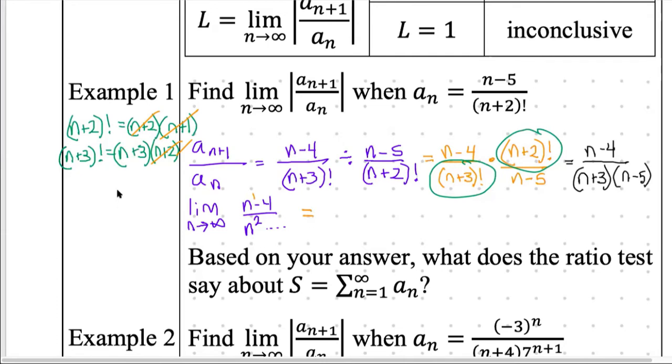And this is where you guys actually have to participate a little bit. Is there anyone that can give me a yes in the nonverbal feedback? You have to click on participants at the very bottom. Who knows what this is equal to? What is the limit as n approaches infinity of this fraction? And I don't even need to know the rest of this denominator because I only care about the highest degree, 2.